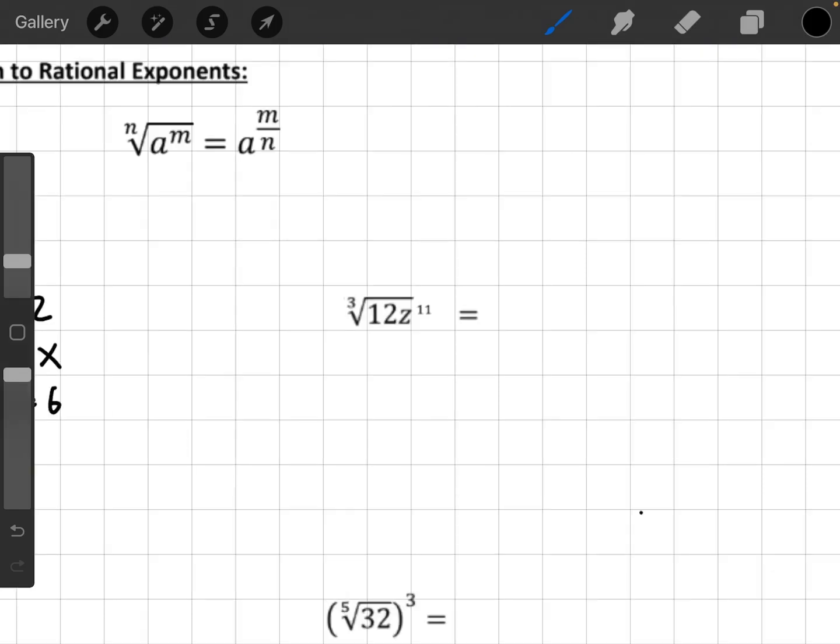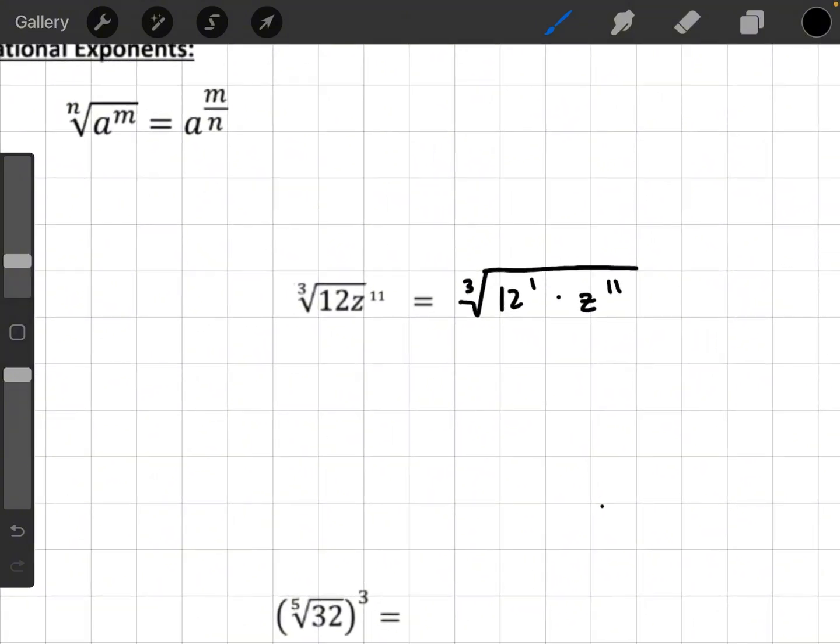For the second example, we're going to apply the same formula to simplify. So we have the cube root of 12 to the power of 1 times z to the power of 11. For this section of the expression, our a value equals 12 and our m value equals 1.